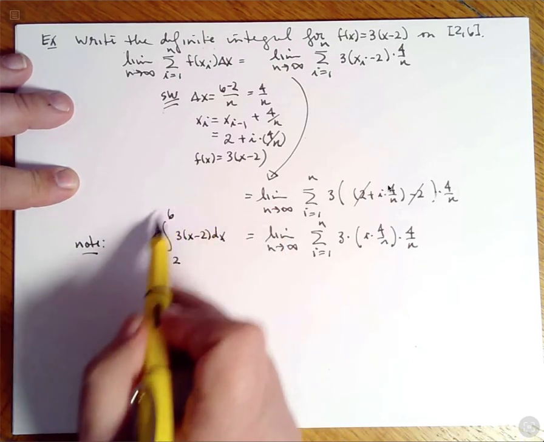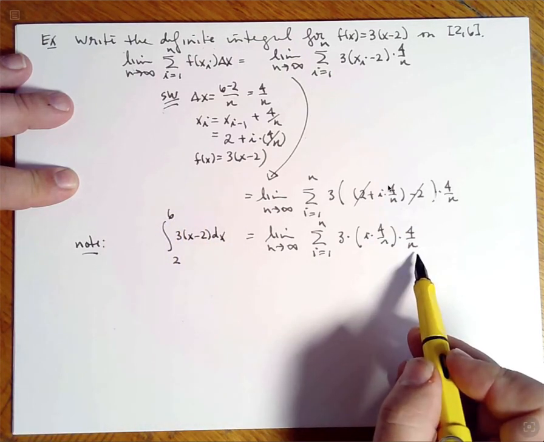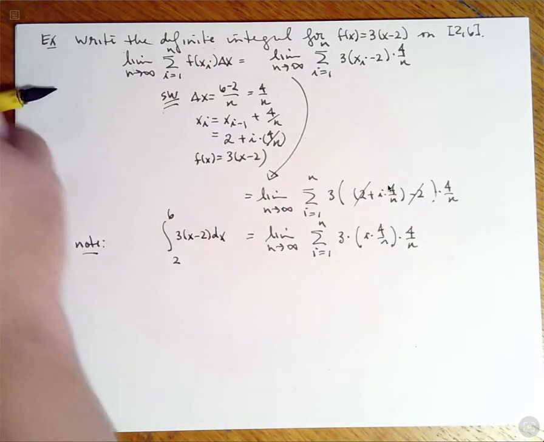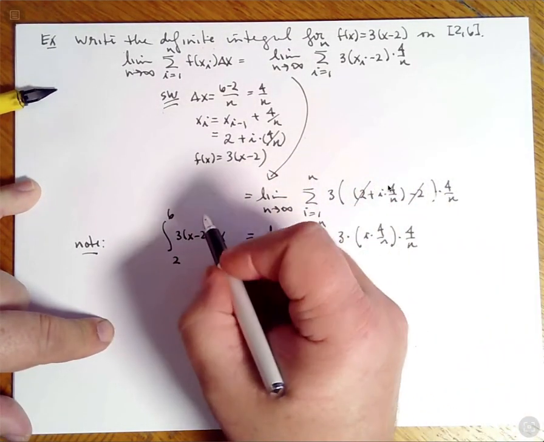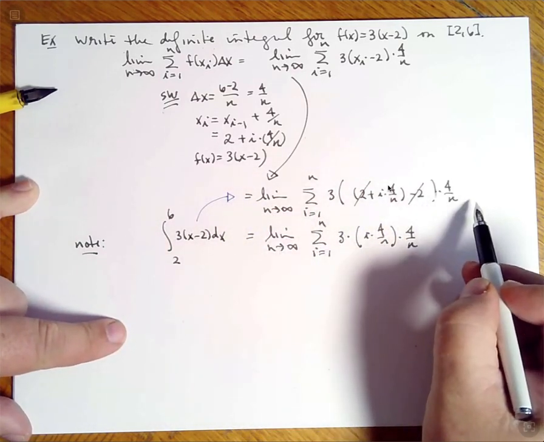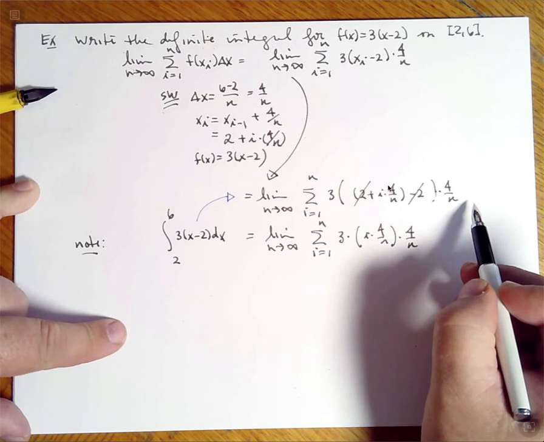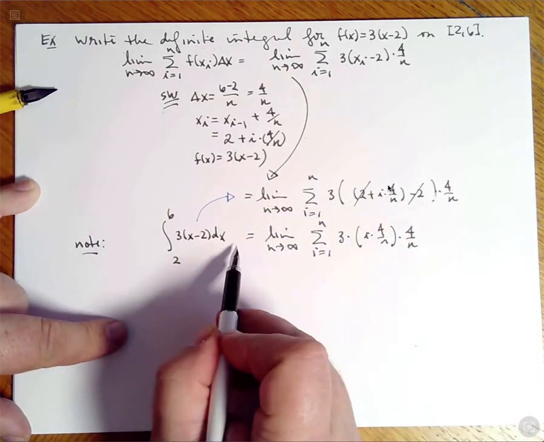So here's the symbolic representation of this. And if you looked at this sum, you could see that this sum represents this definite integral.